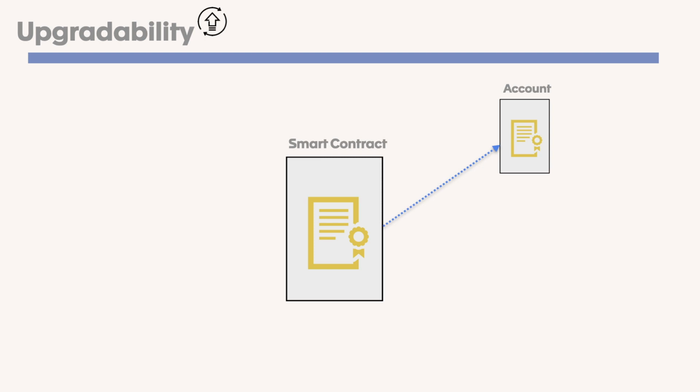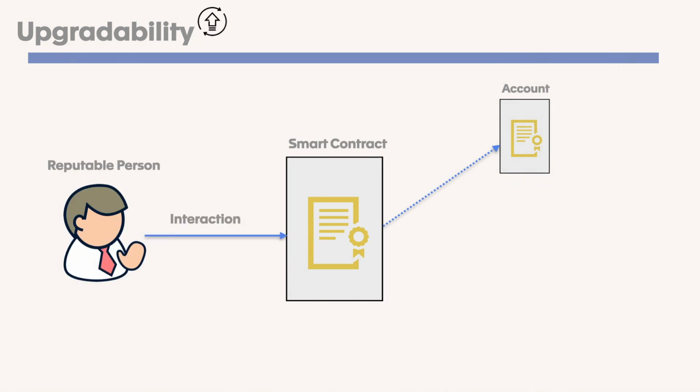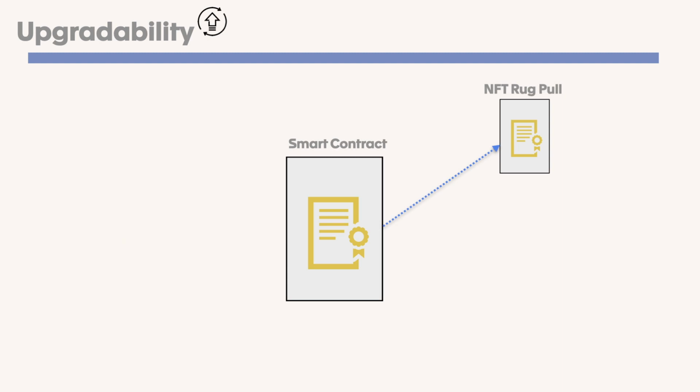It's anything. It can point to an account today. Tomorrow it can point to an auction. The third day it can point to an NFT project. And because the future is social, you can have a reputable person who interacts with this smart contract as if it's an account, and then the next day the person turns it into an NFT rug pull contract.